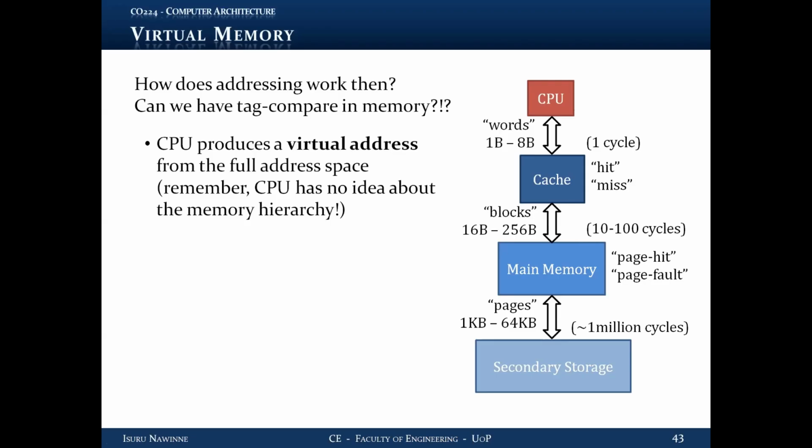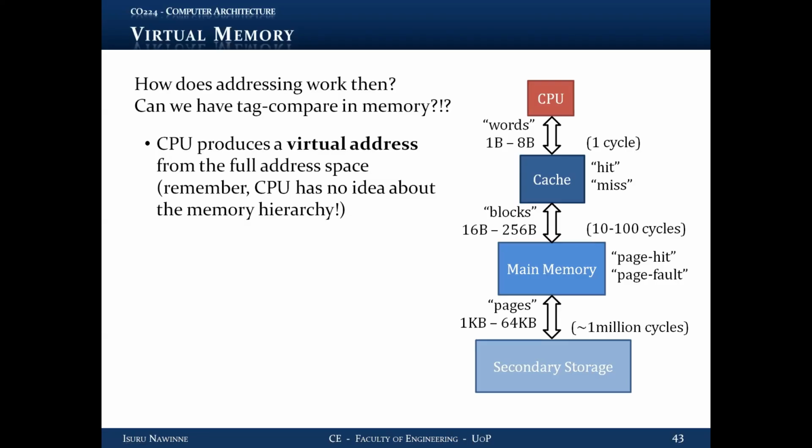So what we say is the CPU produces a virtual address. The CPU produces an address in the total address space, right? The entire big address space that it can access. And the memory is a lot smaller than that. The range of addresses that we have in the memory is a lot smaller.